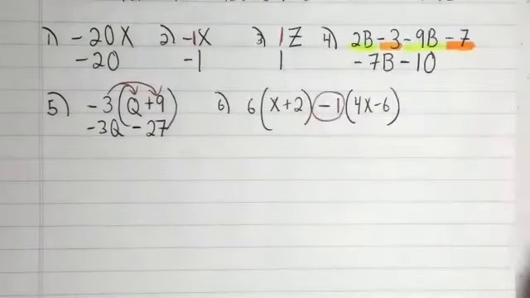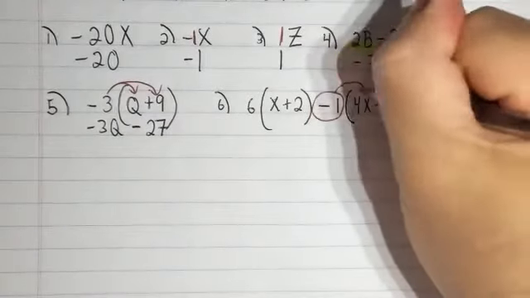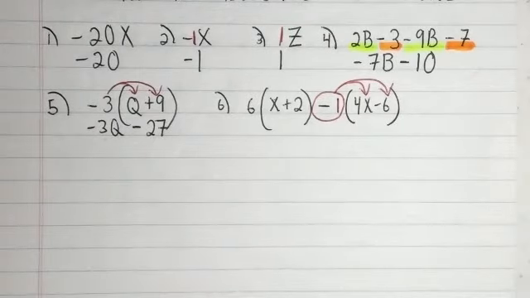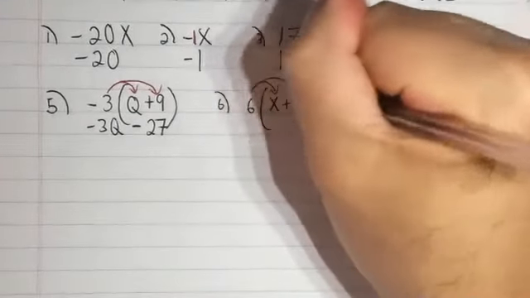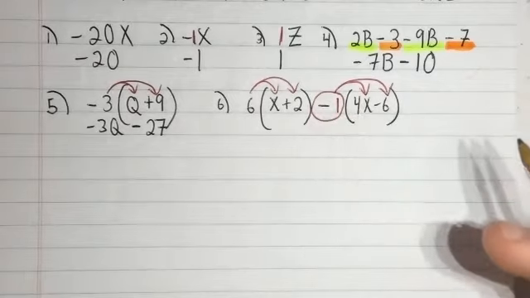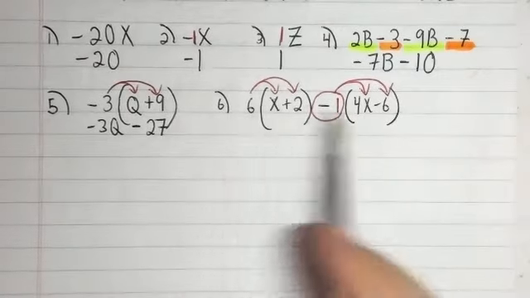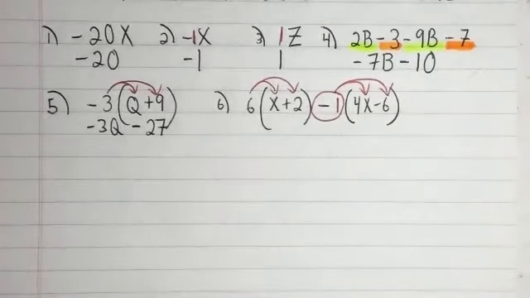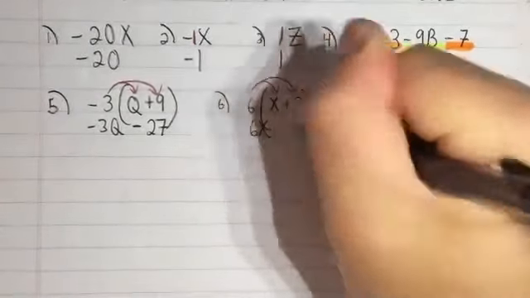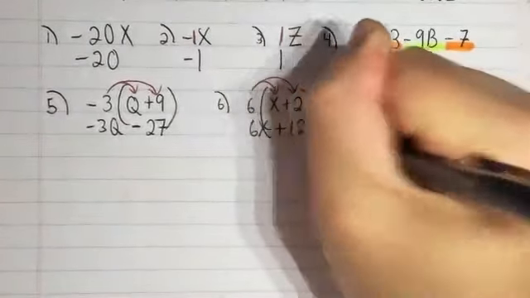And that negative 1 is going to have to be distributed to both terms inside those parentheses. So not only are we going to have to distribute here, we're going to have to distribute that negative 1 as well. So order of operations, we're going to distribute this one first. We're working left to right. So this just gives me 6x plus 12.